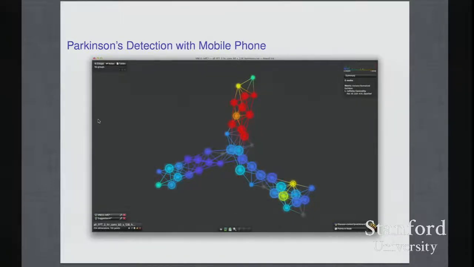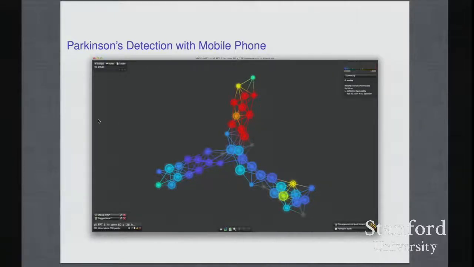And actually the dominant signal didn't come from high frequency tremors. The signal that we're picking up here has to do with low frequency handling of the phone, which was a big surprise to everyone. It's fascinating how, again, the topology just pops out this distinction.